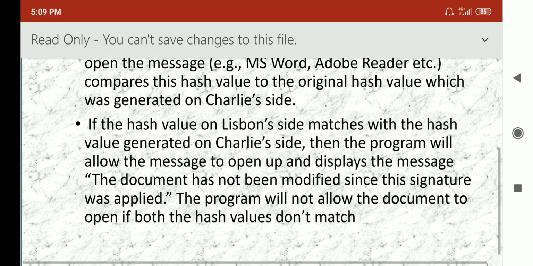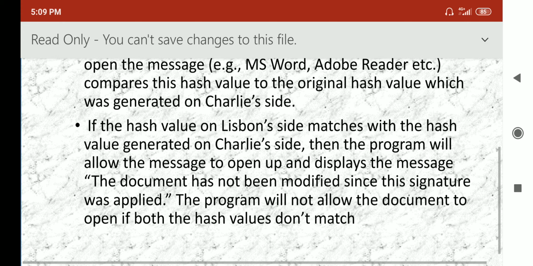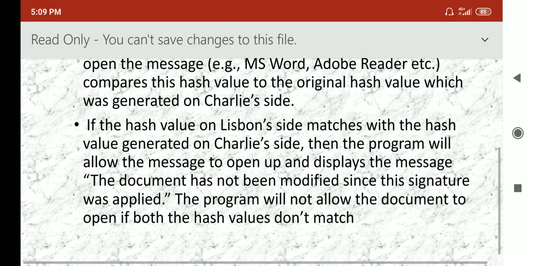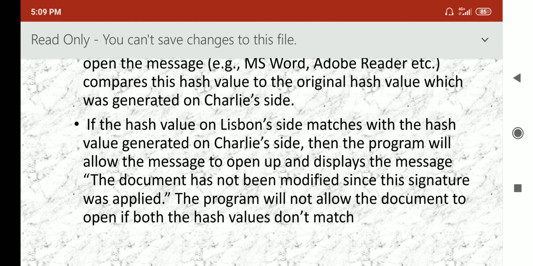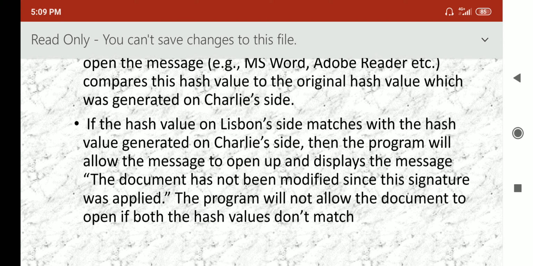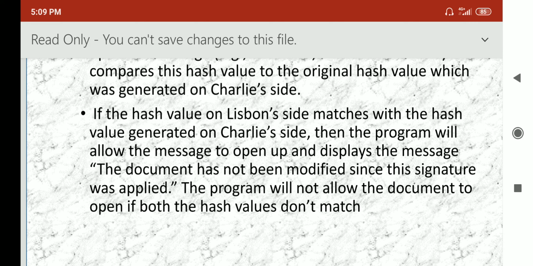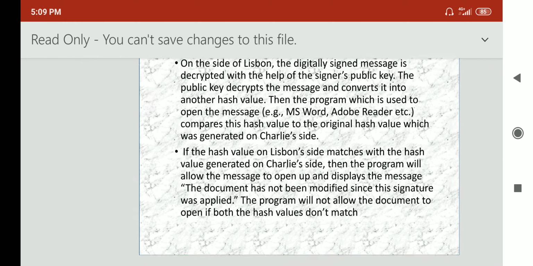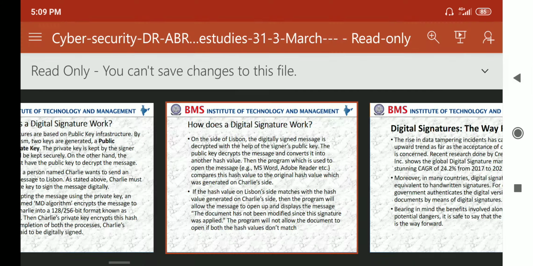If the hash value on Lisbon's side matches the hash value generated on Charlie's side, then the program will allow the message to open and displays the message. The document has not been modified since the signature was applied. The program will not allow the document to open if both the hash values do not match.